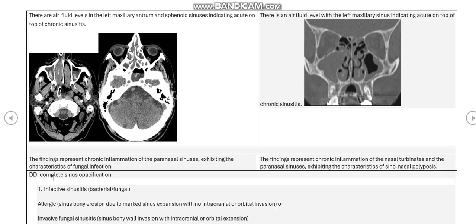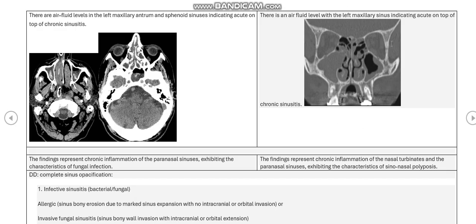So the differential diagnosis of complete sinus opacification. Once you see complete sinus opacification, remember this lecture. The first possibility of complete sinus opacification is chronic allergic fungal sinusitis.